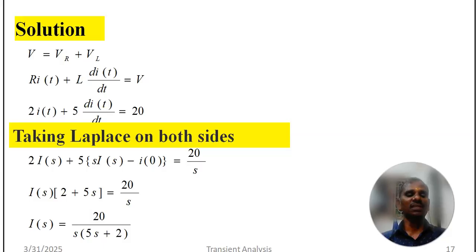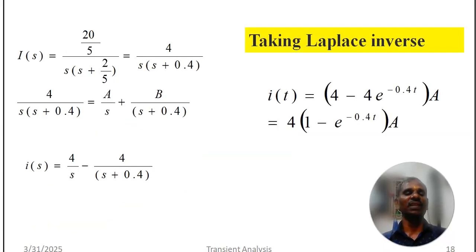If we simplify this, I of s is equal to 20 divided by s into 5s plus 2. After taking the inverse Laplace, your current equation becomes I of t equal to 4 minus 4 into e power minus 0.4 t. If you take 4 outside, it's 4 into 1 minus e power minus 0.4 into t, which is your current equation.